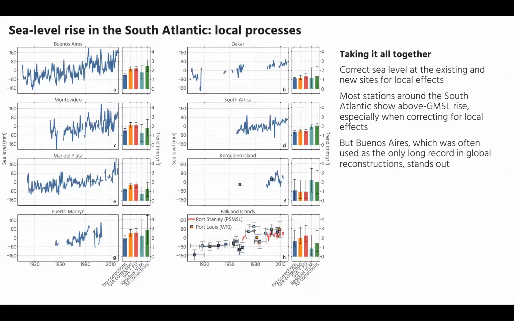Yeah, well, I mean, people have made a real point. Just to interrupt you, it's this slide that made me ask my question, because in Buenos Aires in particular, you get that huge jump in the early 80s, which people have attributed to really strong precipitation during the 82, 83 El Nino. That really increased river flow through that estuary and created this big sediment load. That big increase in the early 80s could be this sort of episodic type of vertical land motion event, right?